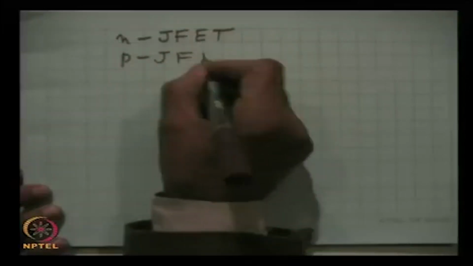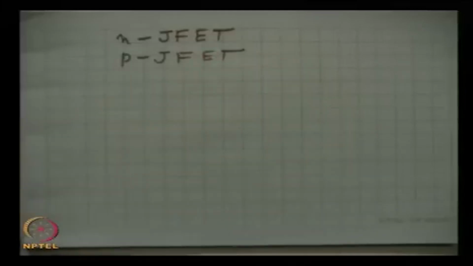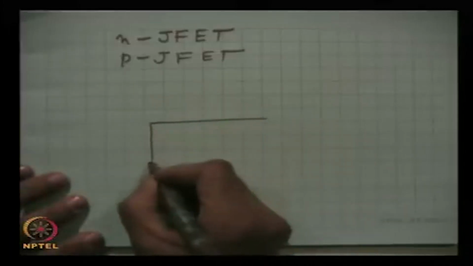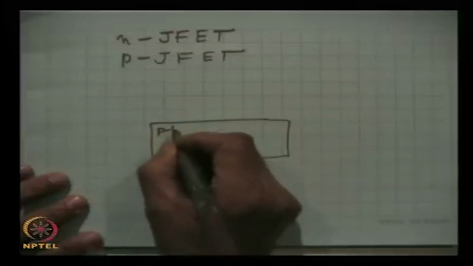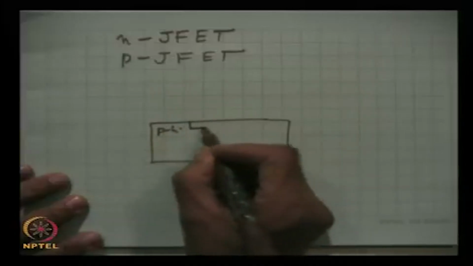We can have a P type junction field effect transistor as well. For that, we will have to start with a P substrate, P silicon, and N type regions.